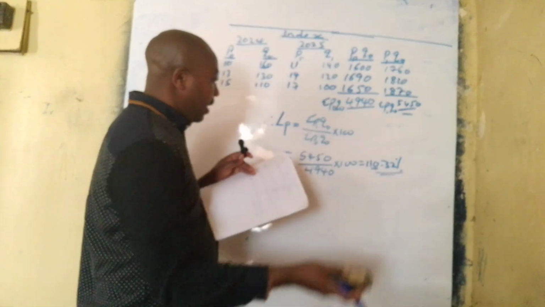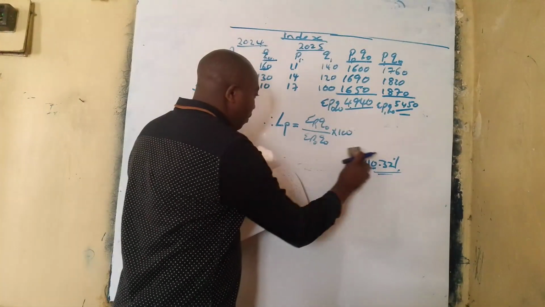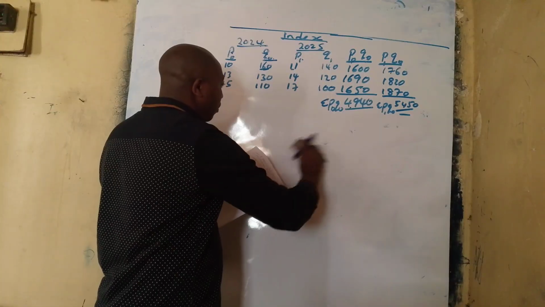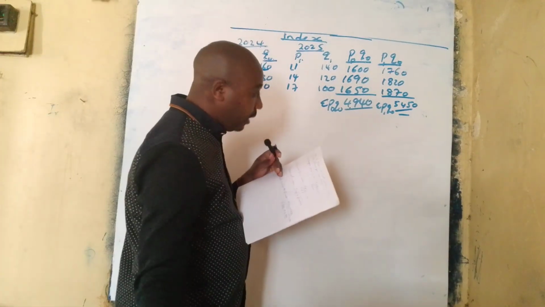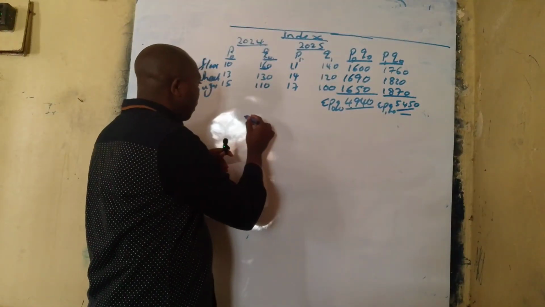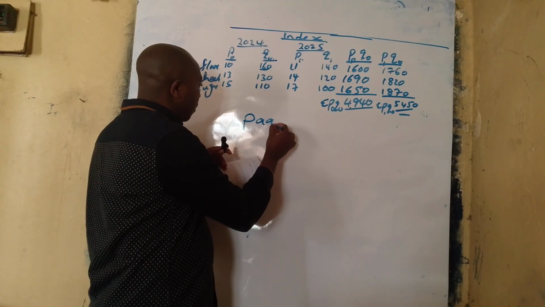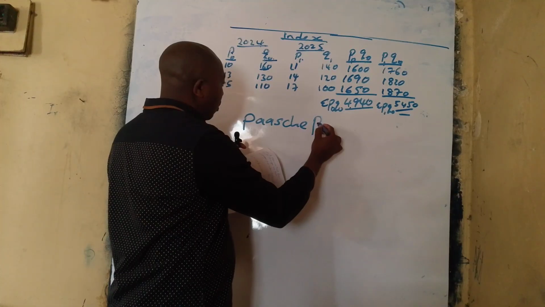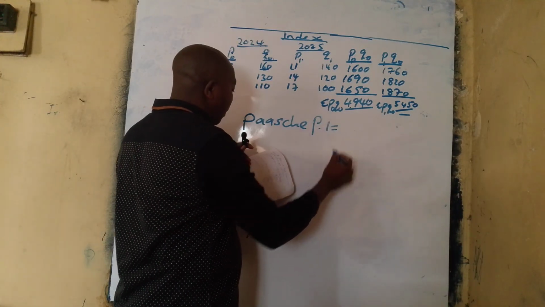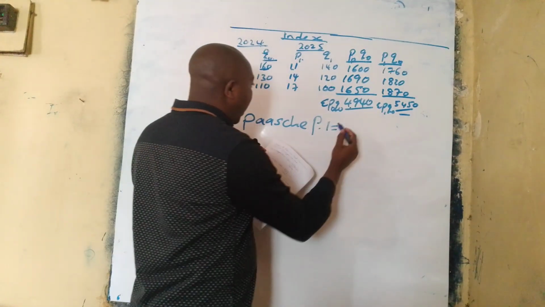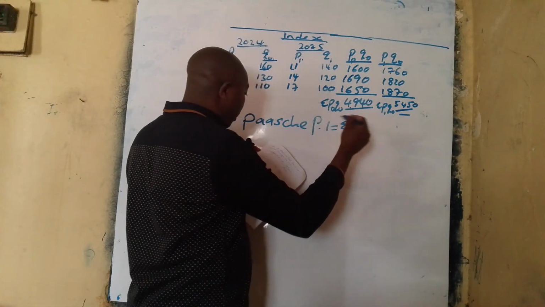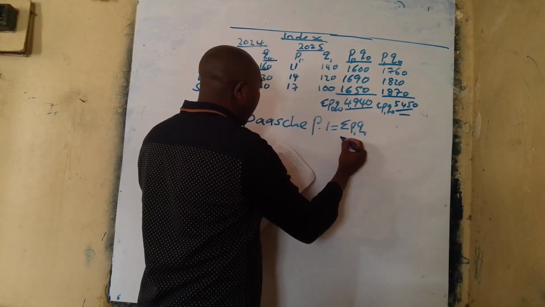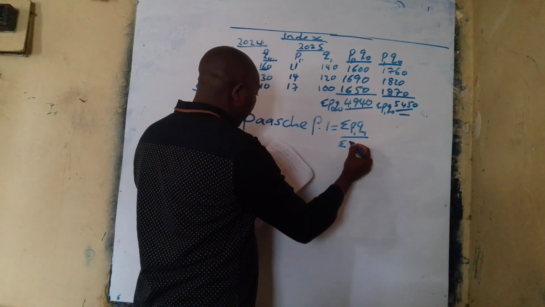The Paasche price index is given by summation of P1Q1 all over summation of P0Q1 times 100, and this focuses on the current prices and quantity.